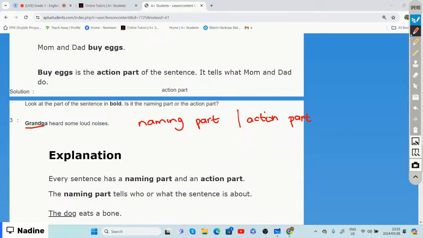So grandpa, does it tell us either who or what the sentence is about, or does it tell us what the naming part does or what the naming part is like?